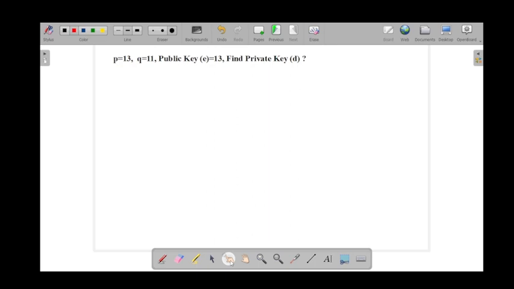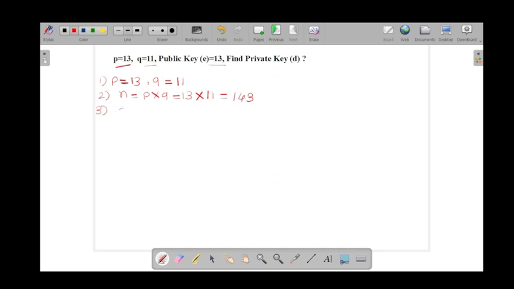In the given example, the value of P is equal to 13, Q is equal to 11, and the value of our public key is equal to 13. And we have to identify the value of D. So our first step is P is equal to 13, then Q is equal to 11. These are our two prime numbers. Second step, N is equal to P into Q, so 13 into 11 is equal to 143.